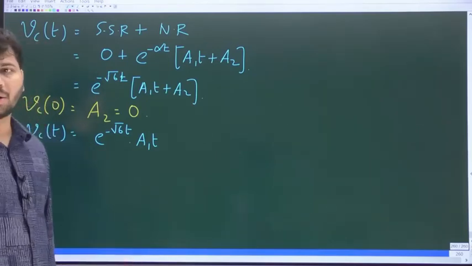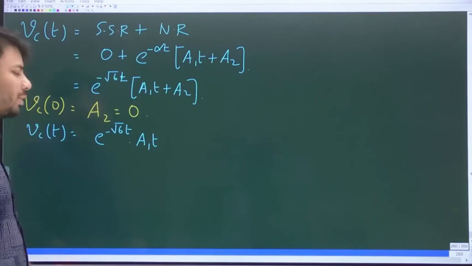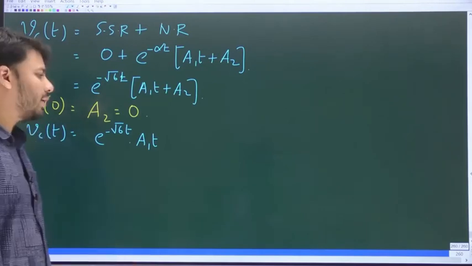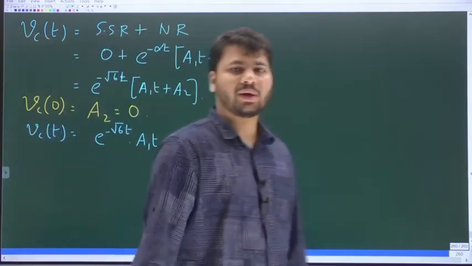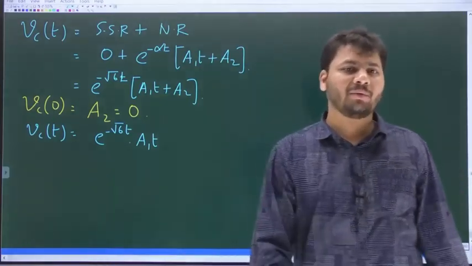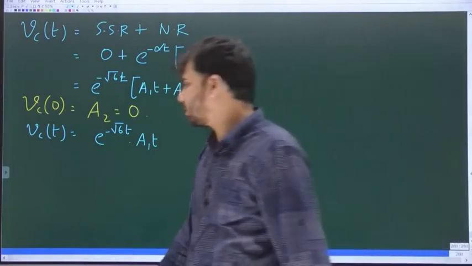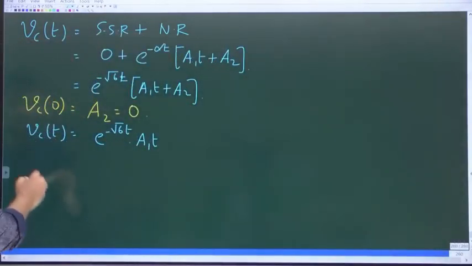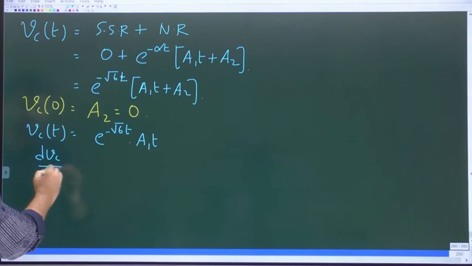Now the only unknown left is a1. You should do something to find a1. Last time what did we do to get the second equation? Did we not find the first derivative value at t equal to 0 plus? So now also let's differentiate this with respect to time, dvc by dt.